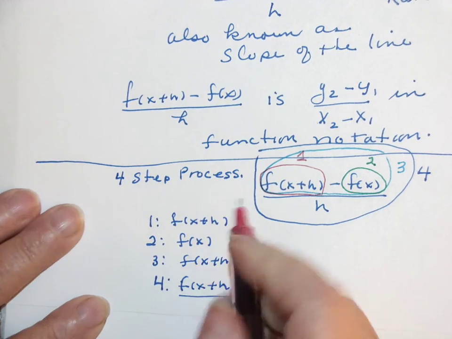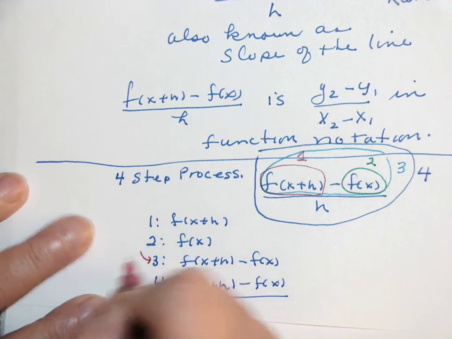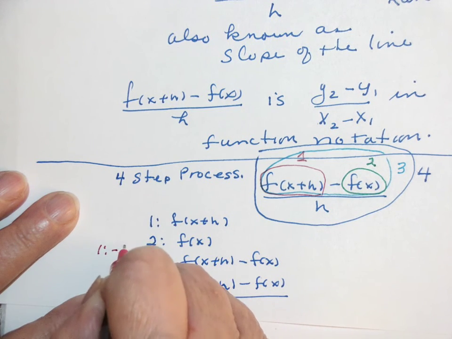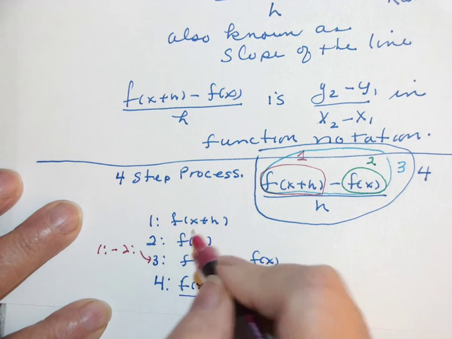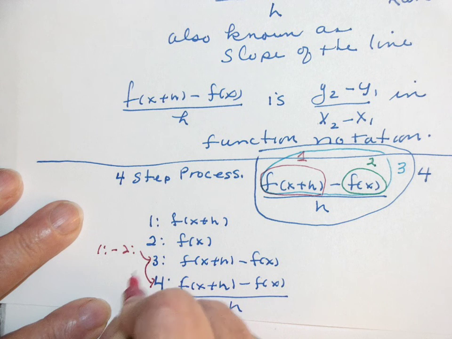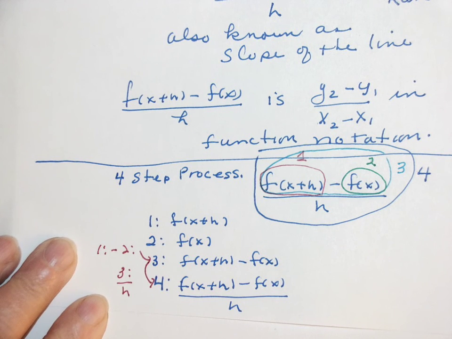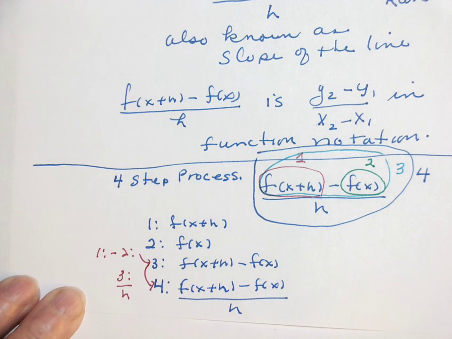So essentially, this is step 1, subtract what I got in step 2, and then what I got in step 3 divided by h. So I kind of do that in pieces so that I don't get confused along the way, but the choice is yours.